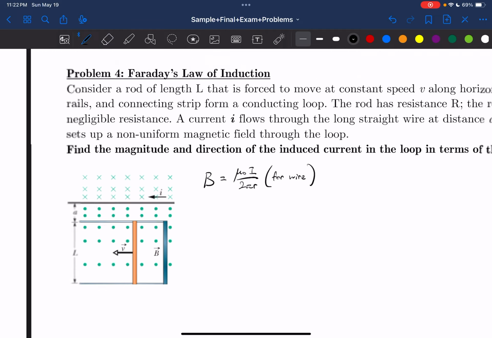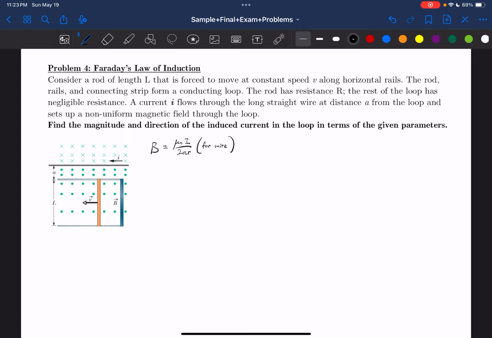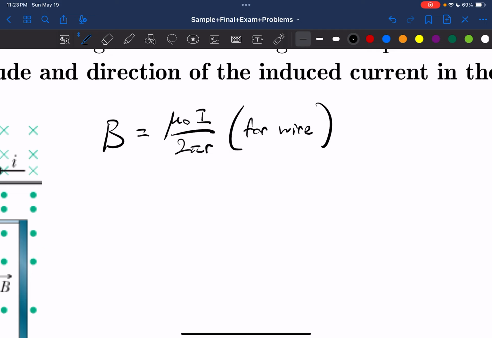Now, if you look at the question, we see that there are no numbers. So we can immediately surmise that this is a symbolic question. So basically that means we already have B right here, so we can move on. Very convenient.